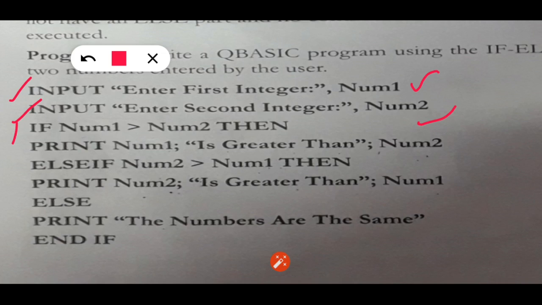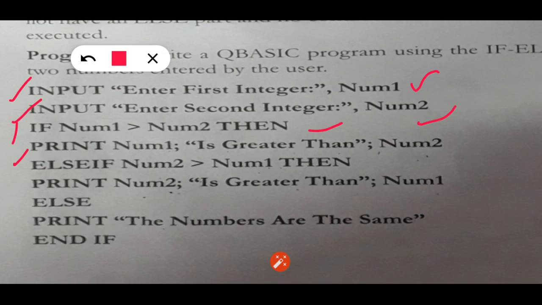Now this is a condition: if num1 greater than num2, then print num1 is greater than num2. Clear? What will happen in this?